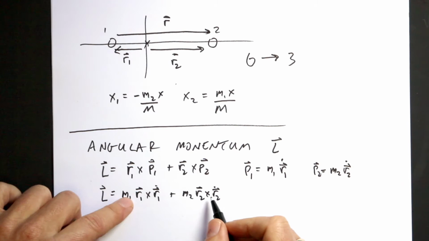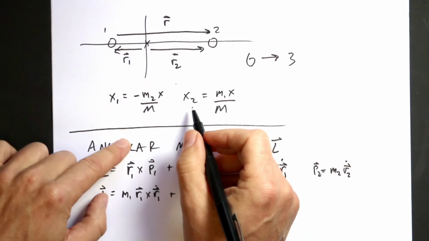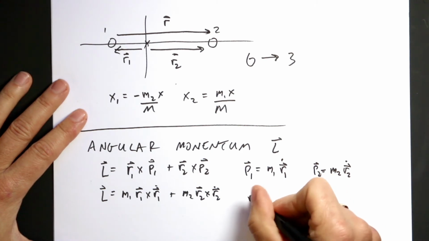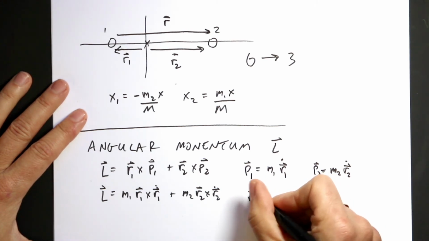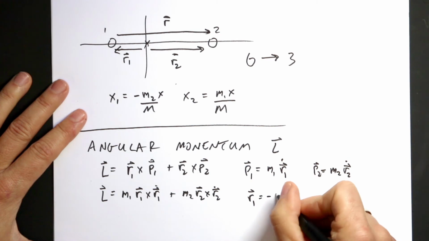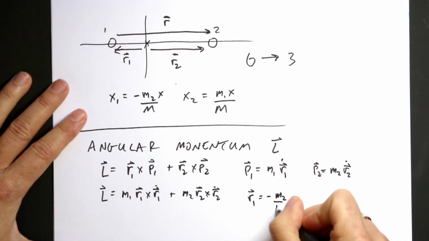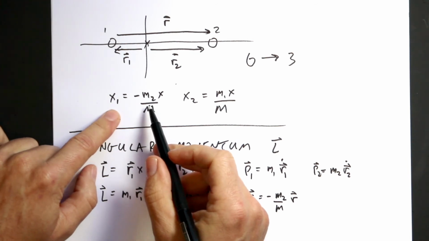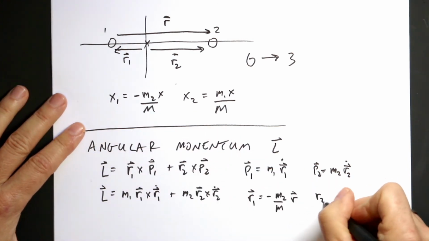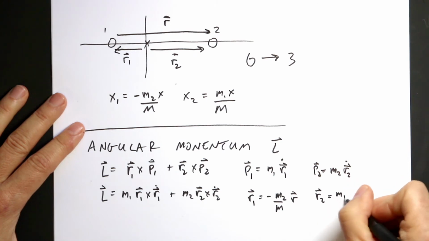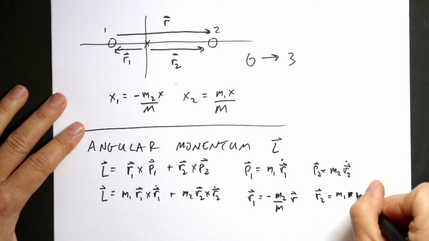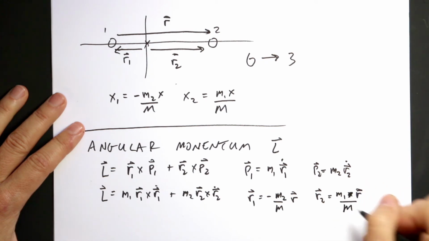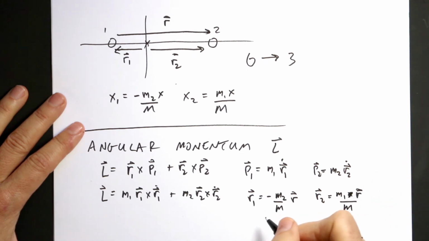Now I want to get this in terms of other coordinates. Let's say that R1 is negative M2 over M times R, and I can get that from up here if I do the same thing for x, y, and z. And also R2 is M1 over M times R. Now I can take the derivatives, because I need them.